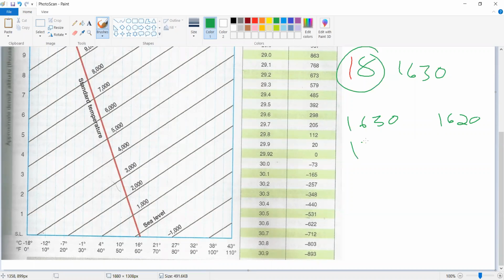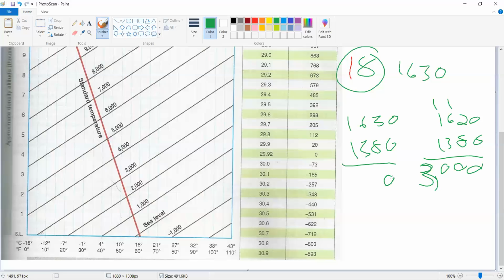So when we add them, 1380 here, 1380 here, let's see, 0, 10. That's about 3,000. And here, so we know it's going to be towards this side, but not too much lower than that.